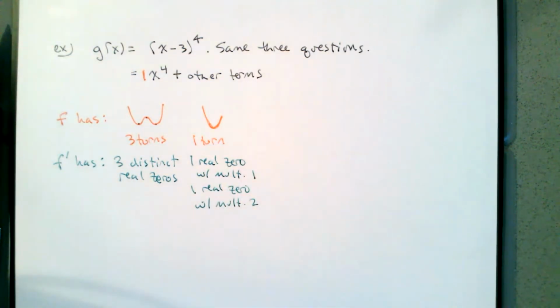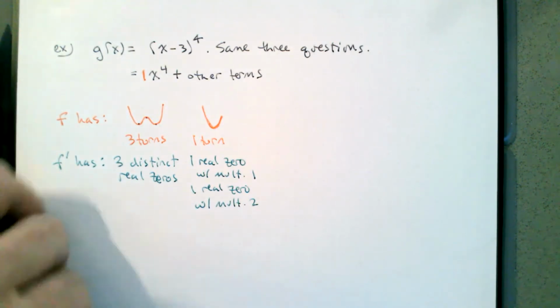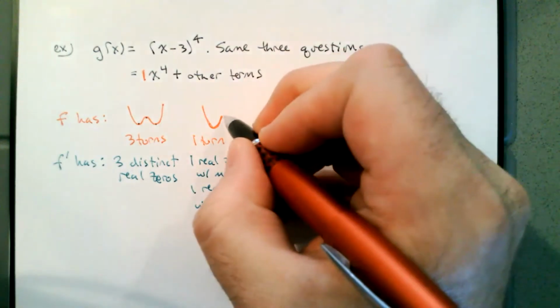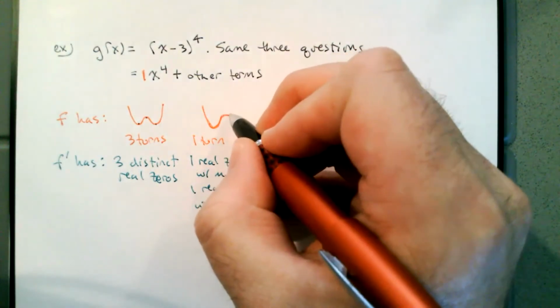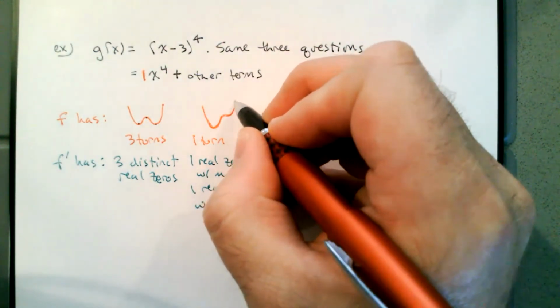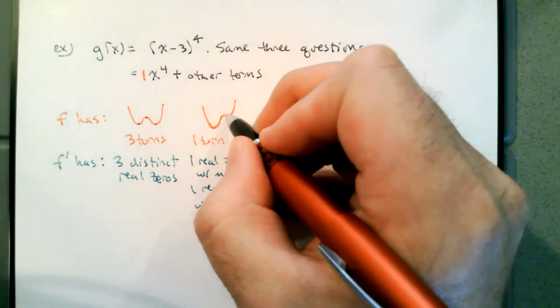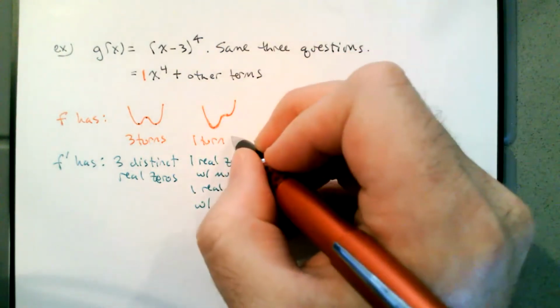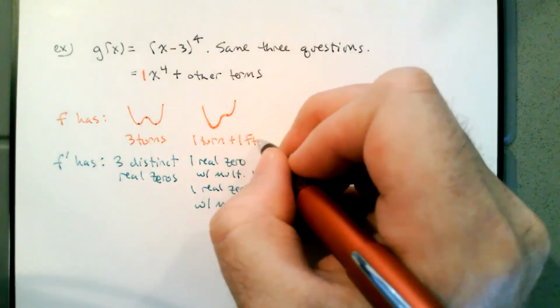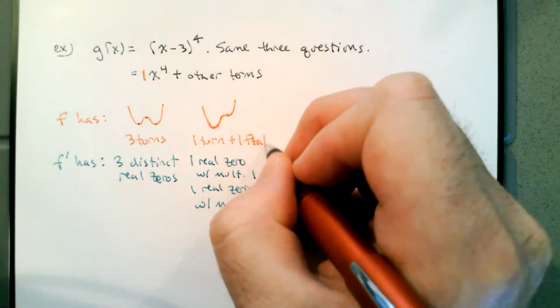That would be like x minus 2 squared times x minus 1. So it could be that we have 3 real zeros, but one of them is repeated. And if that's the case, then we'll have 1 turn and 1 extra flat point.